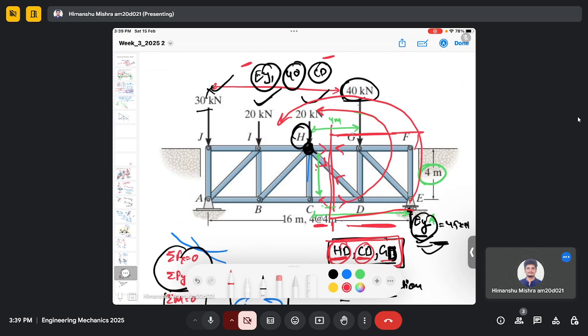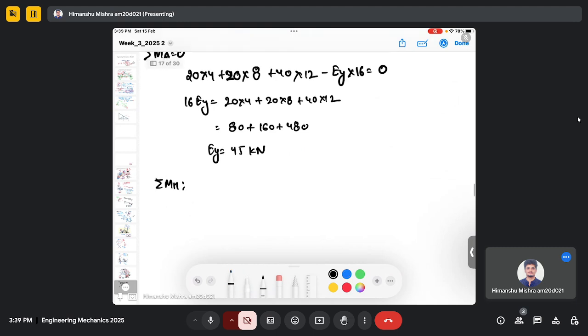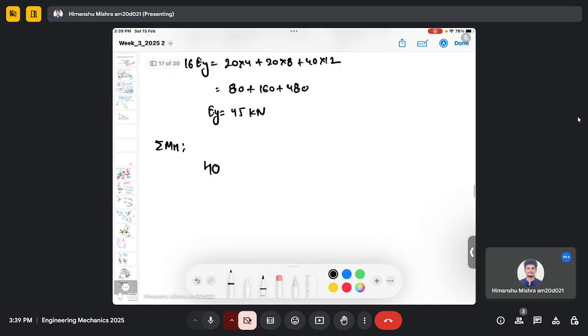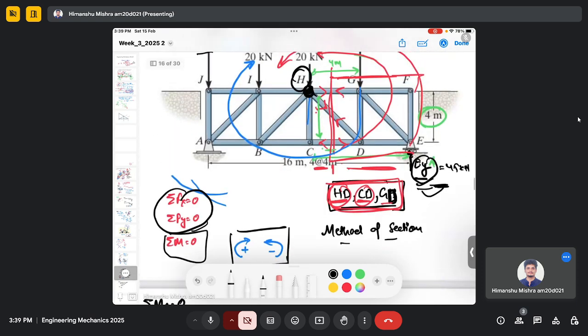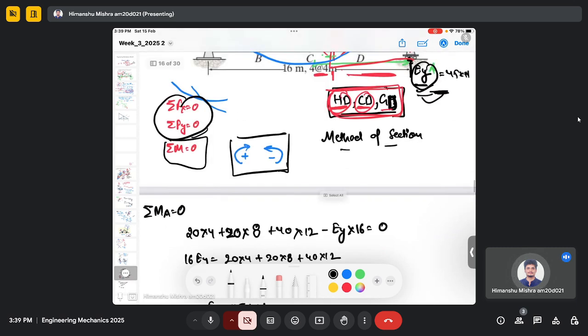And we have the 40 kilonewton, and the 40 kilonewton will rotate like this around point H in a clockwise sense. So I will have 40, its perpendicular distance is 4, minus EY multiplied by 8. Sorry, EY we already found, which is 45.